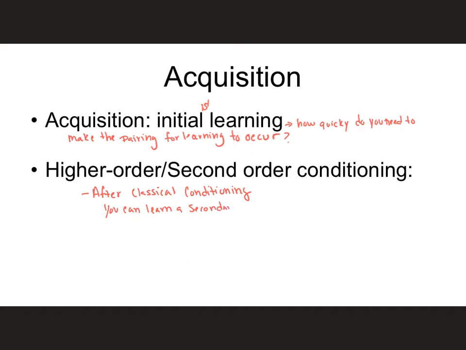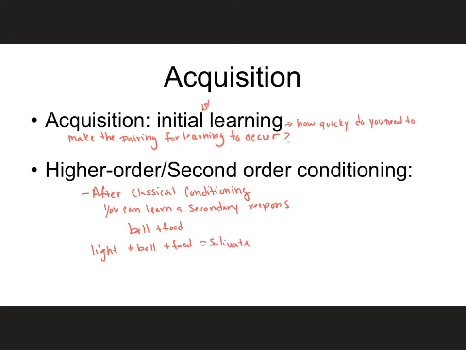So what does that mean? Well, let's say that I pair Bell with food. Bell plus food. Okay, and we do that repeatedly multiple times. Then let's say I add a light plus Bell plus food equals salivate.